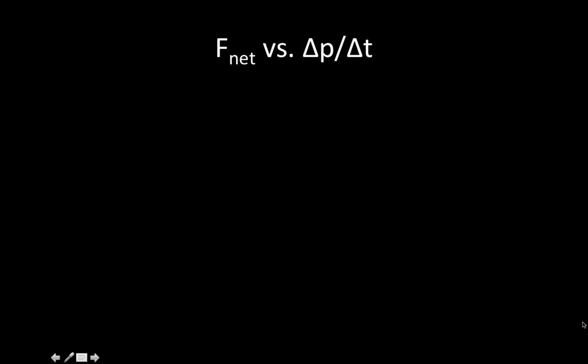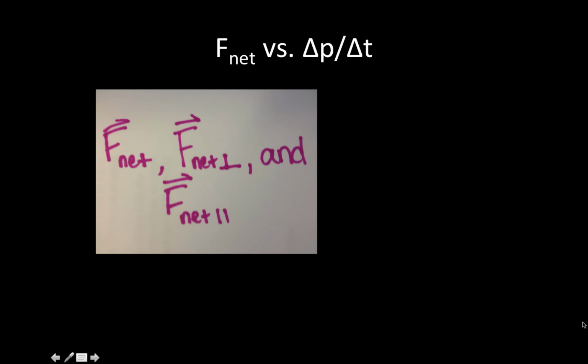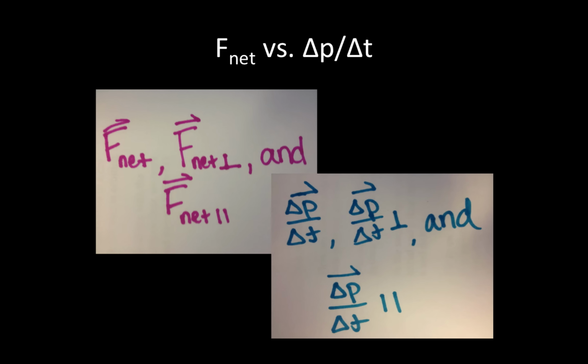Now, what does it mean? I'm going to discuss how Fnet perpendicular and Fnet parallel are different from delta p over delta t perpendicular and delta p over delta t parallel. Now, a force, mass multiplied by acceleration, is the change in momentum over the change in time.